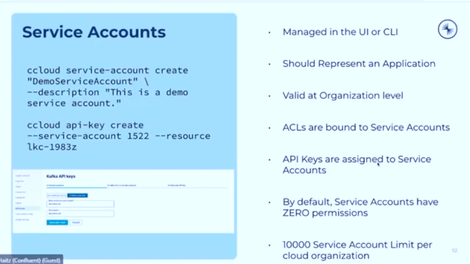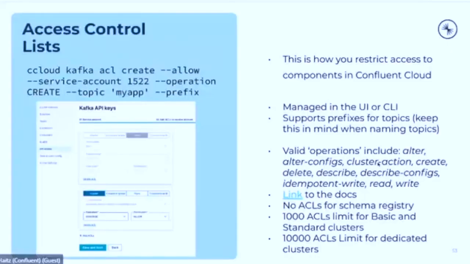Okay, let's go back to the slides and to the ACLs, the access control lists. So the idea of the ACLs is to allow access to topics, and given that it's a standard Kafka concept, I don't think we need to spend too much time on it. I would like to highlight a couple of things, however.